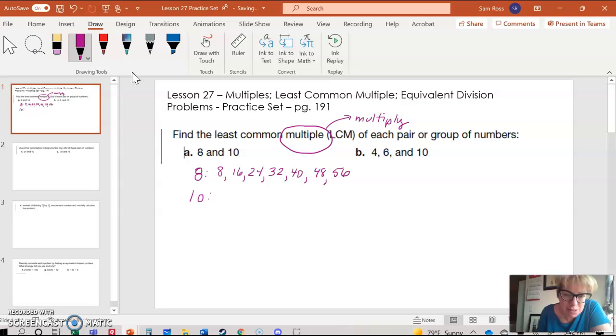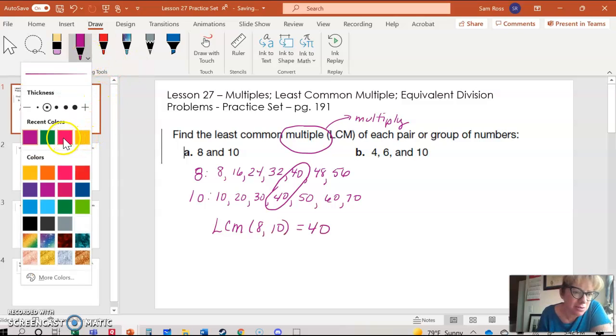These are multiples of 8. And then multiples of 10 are 10 times 1, 10 times 2, 10 times 3, and so on. The smallest multiple they have in common is 40. So my LCM of 8 and 10 is going to be 40.